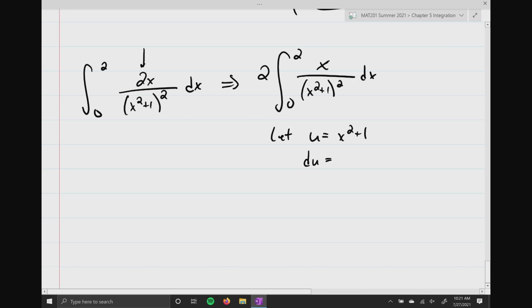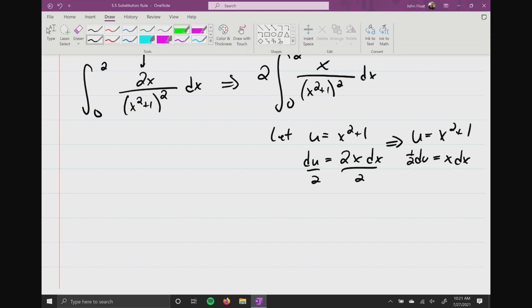Du, therefore, is going to equal 2x dx. Note that I have a 2 right here, so I'm just going to rewrite this as 1/2 du. I'm going to divide both sides by 2. And that's going to give me 1/2 du equals x dx. All you got to do now, match things up. I'll go back to my trusty highlighter.